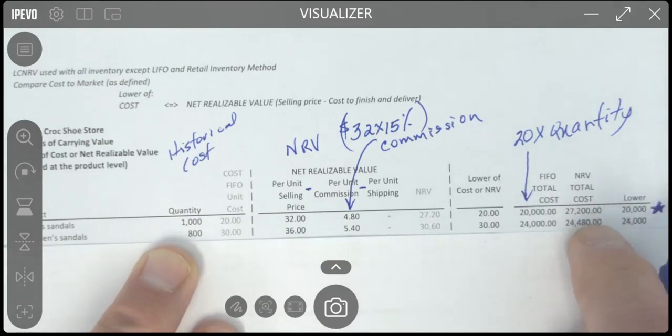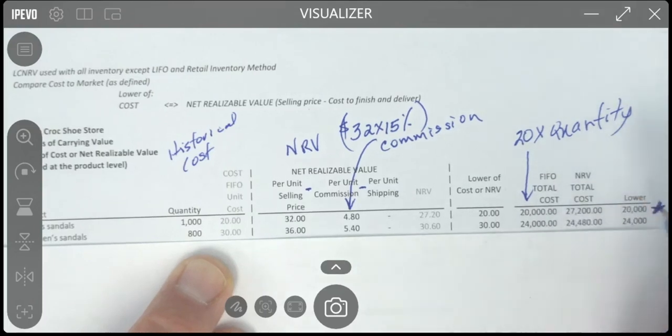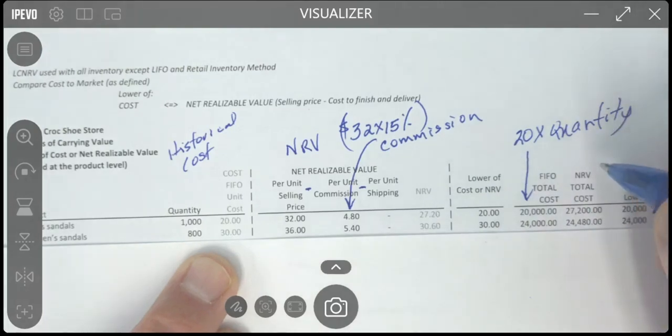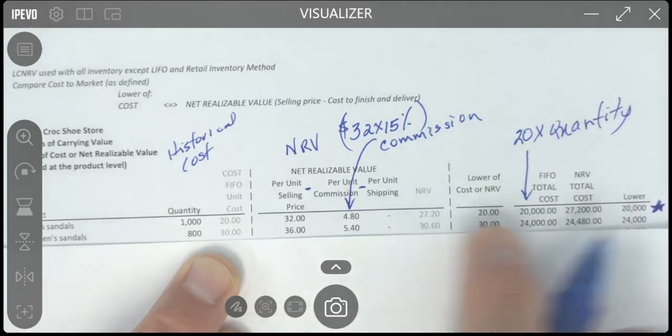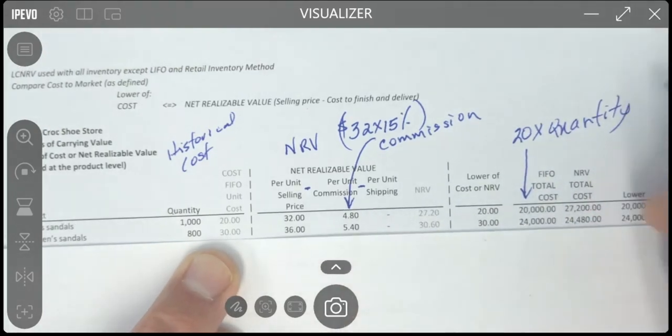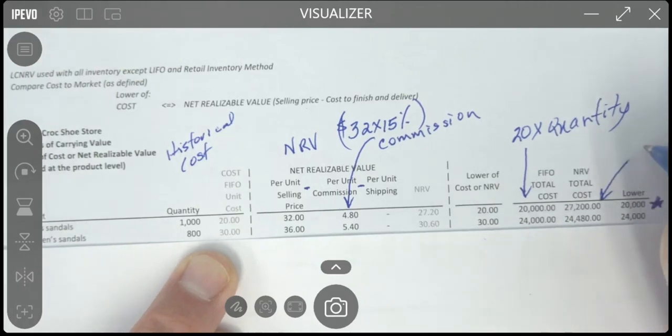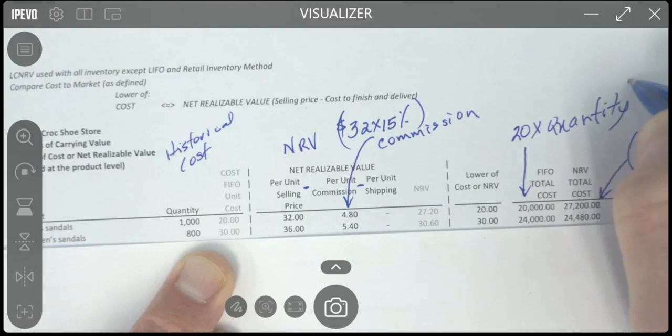The net realizable value total cost is 24,480, which is, again, the quantity times, but you know what? Yeah, the quantity times $30.60. Let's mark the note up here. 27.20 times quantity, and that's a note for your notes.